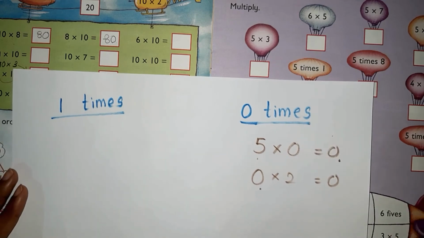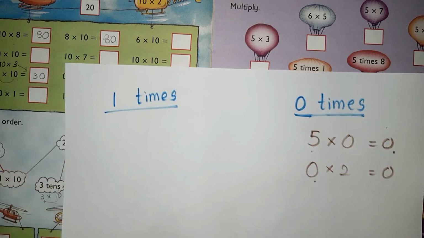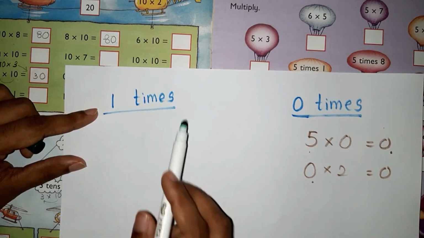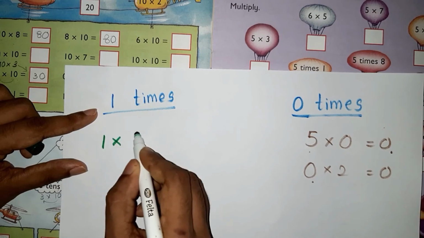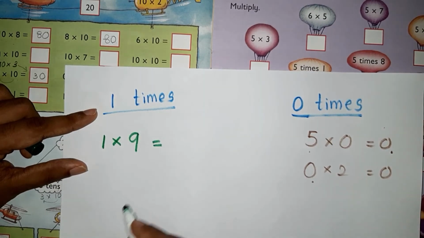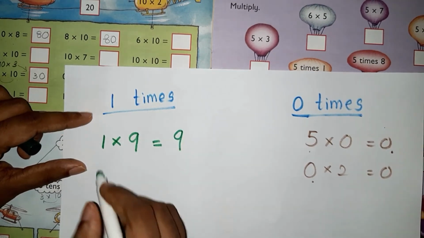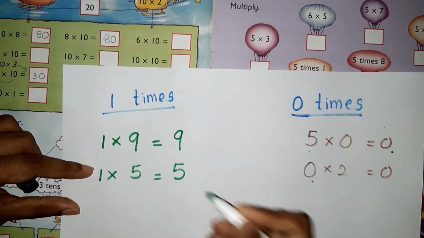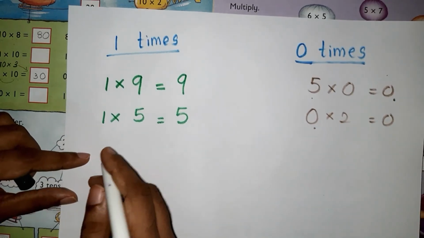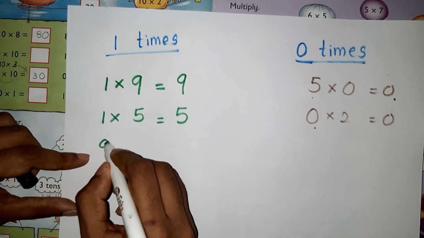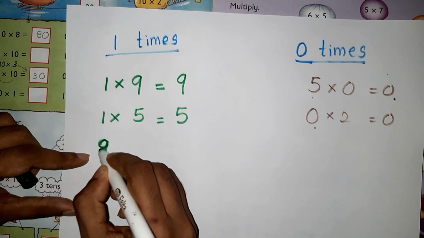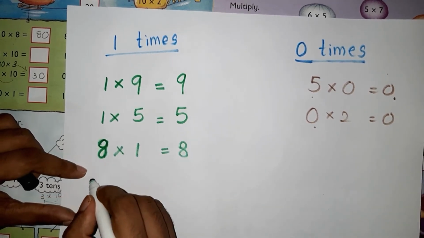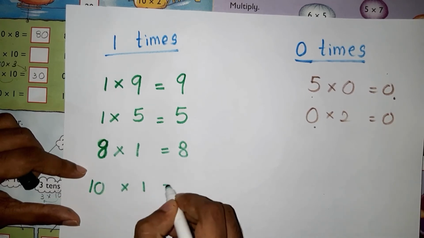Now, same like that, if you pay your attention to 1 times equations, 1 times 9, you will have the answer 9. 1 times 5, you will have 5. Same like that, when I change the order, let's take another number. 8 times 1, you will have 8. 10 times 1, you will have 10.